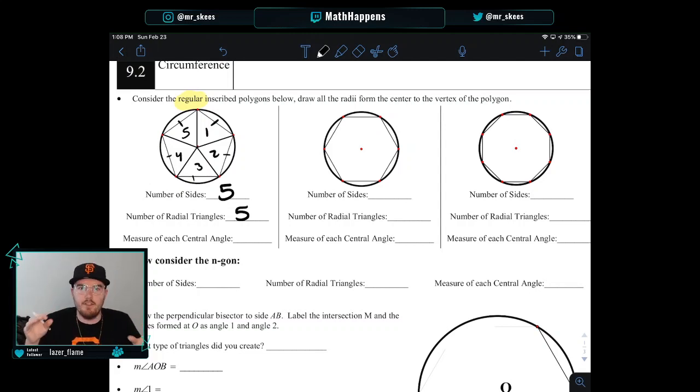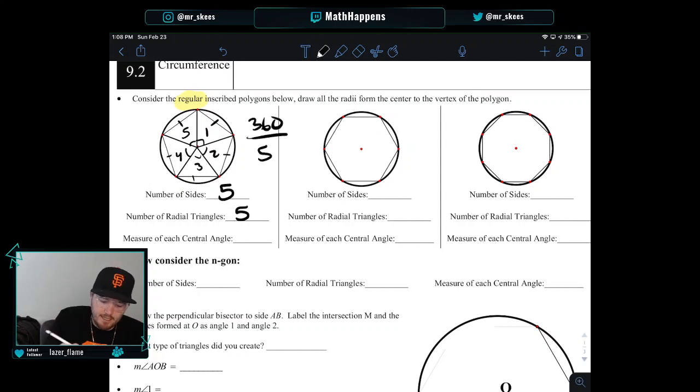All 5 sides are the same length. That makes it regular. But as a result, each of these triangles are the exact same. So all 5 angles are the exact same size. So what's 360 degrees in a circle divided by 5? Each of these are 72 degrees.